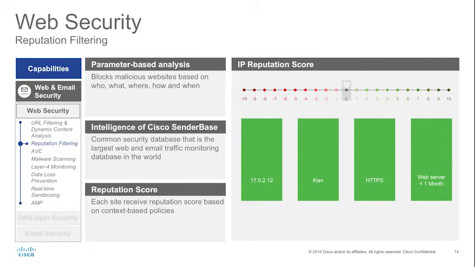Cisco Web Reputation Filtering is facilitated by the world's largest email and web traffic monitoring network, the Cisco Sender-Based Network. It differs from a traditional URL blacklist or whitelist because it analyzes a broad set of data and produces a highly granular score of -10 to +10. Now let's see this in action.